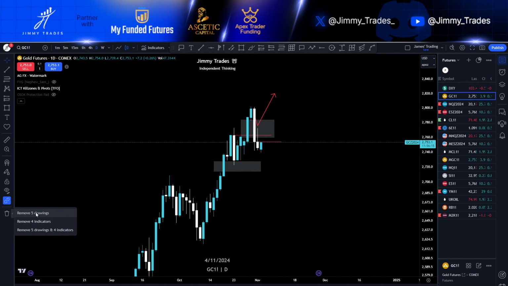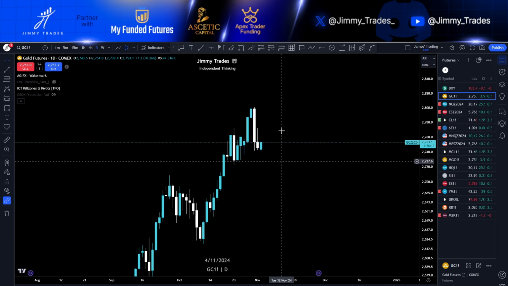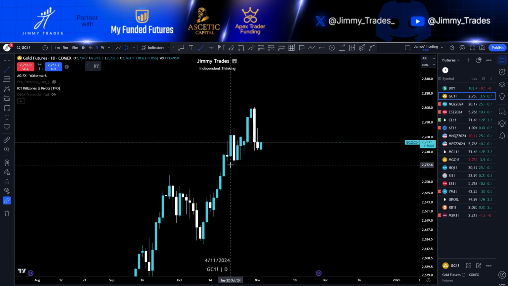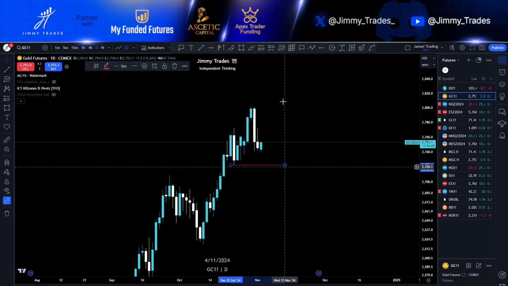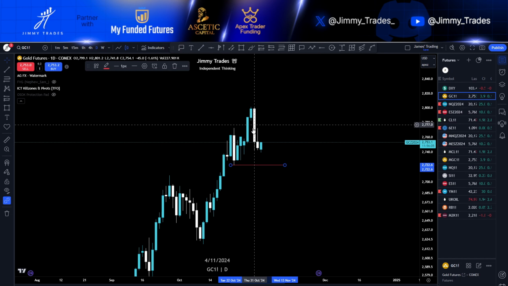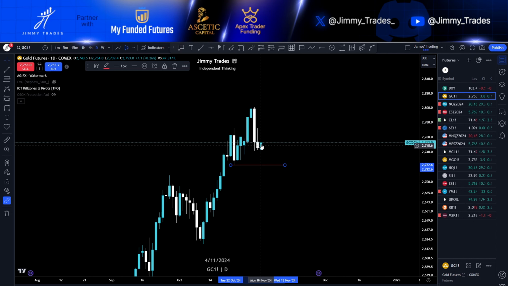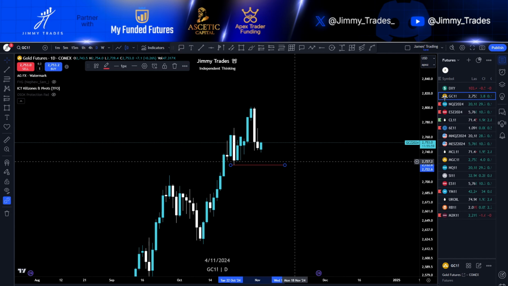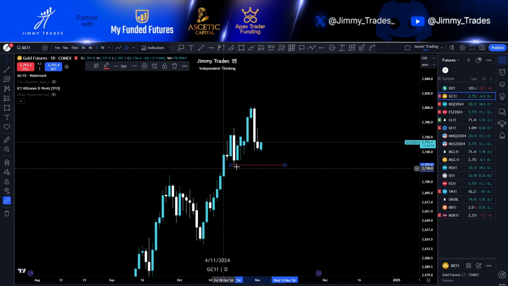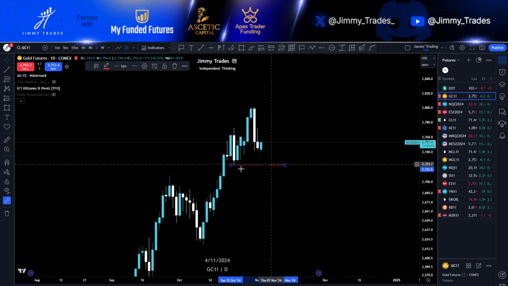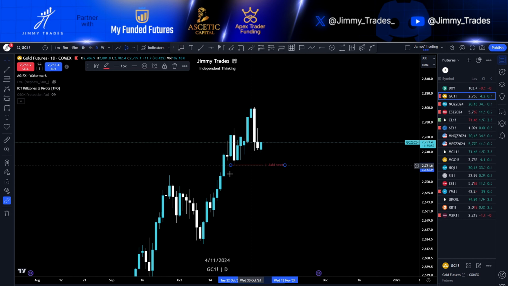We'll just clear that chart. We also have a balanced price range here. We'll be looking for price to continue to move lower. On gold, we'll see how price reacts if it manages to move to this level.